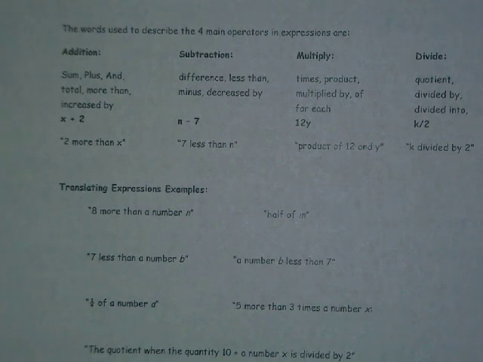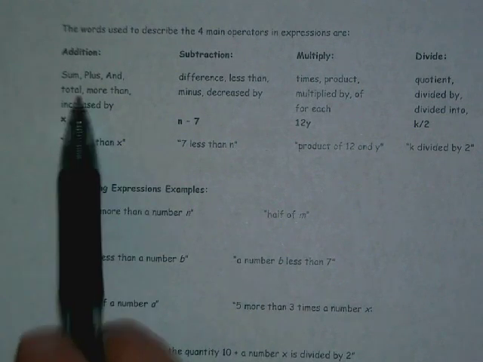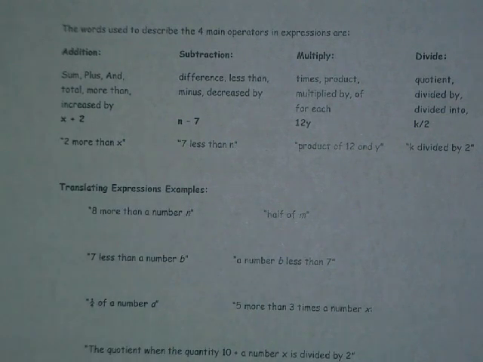Like you'll see combine 2 and 3. Well, combine 2 and 3 tells me to add 2 and 3 together, right? Okay, total. If you're asking for a total, that generally means add. If you get the total for what you're paying for at the store, they're adding up all the things you bought. More than. That's when you see quite a bit for addition. Increase by. So all those words would tell you that we need to add whatever we were talking about.